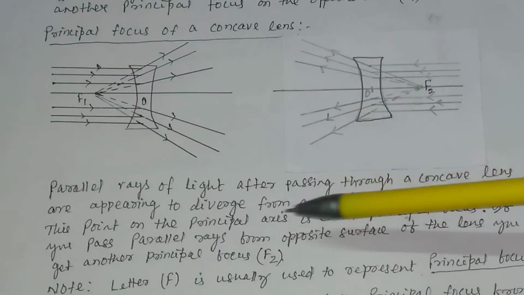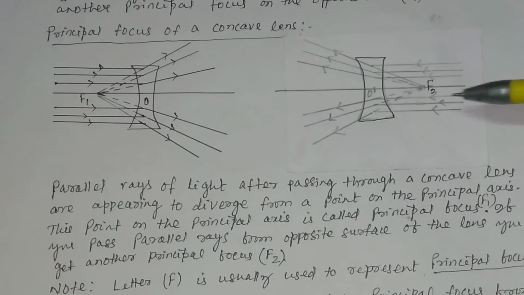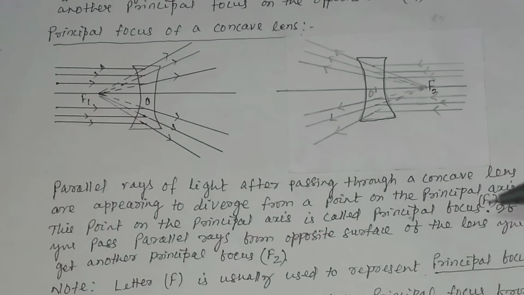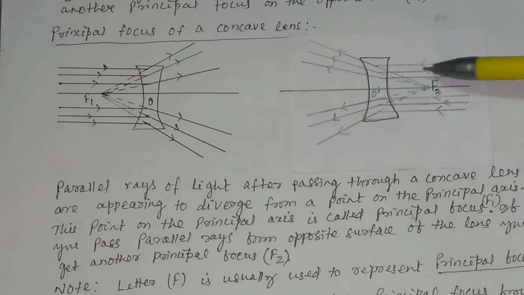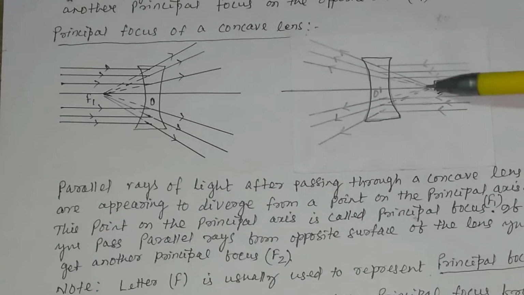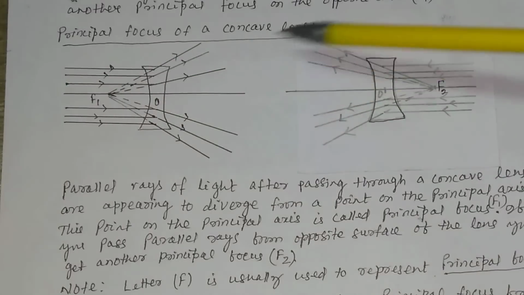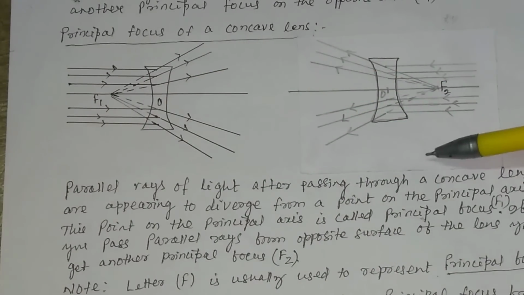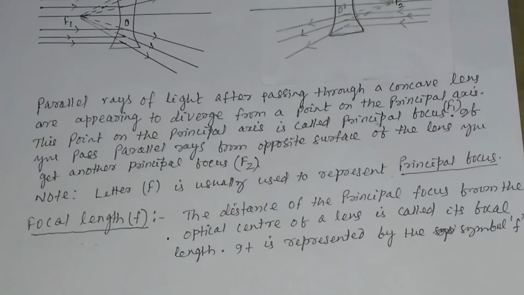If you allow parallel rays of light from the opposite surface, you will get another principal focus. It will diverge and appear to come from the point F2. So here F1 and F2 are two principal foci of the concave lens.